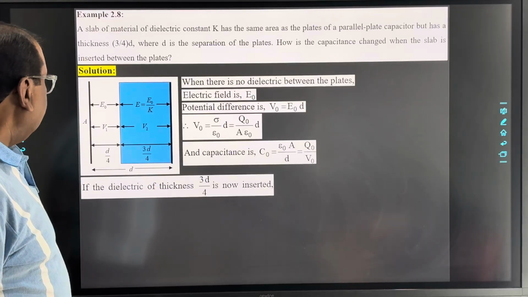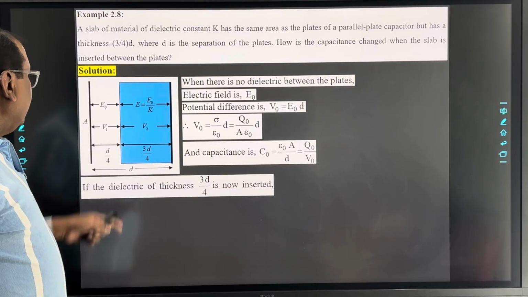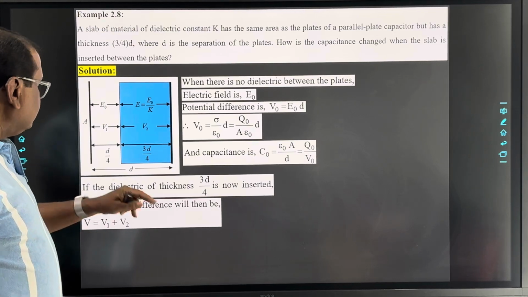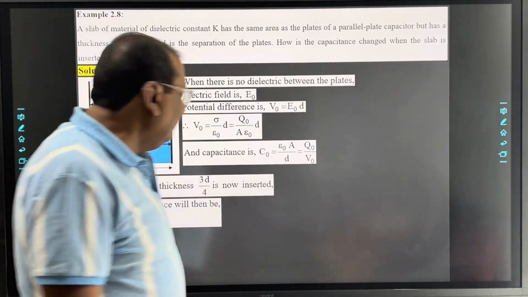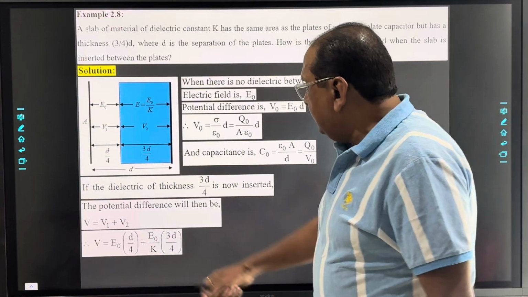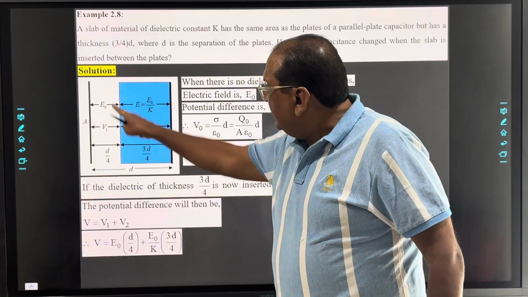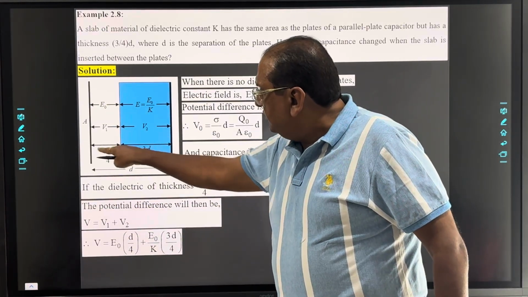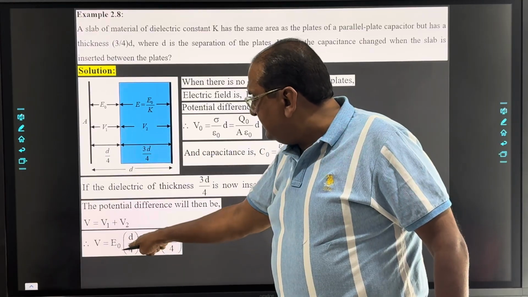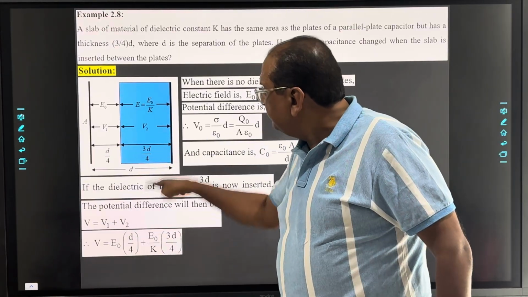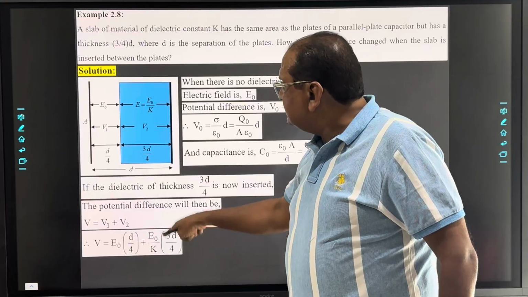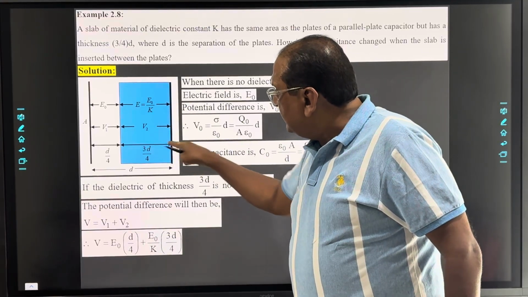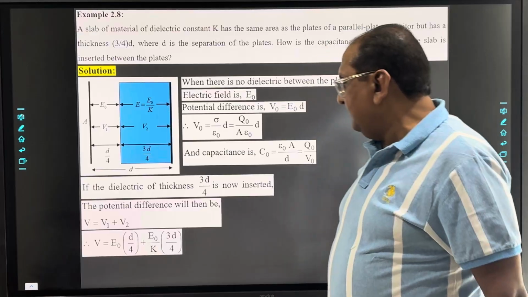Okay. Now when the dielectric slab is inserted, the potential difference V is V1 plus V2. So V1 is the electric field in this region, E0, into this distance D by 4. For V2, the electric field is E0 by K, into this distance 3D by 4.